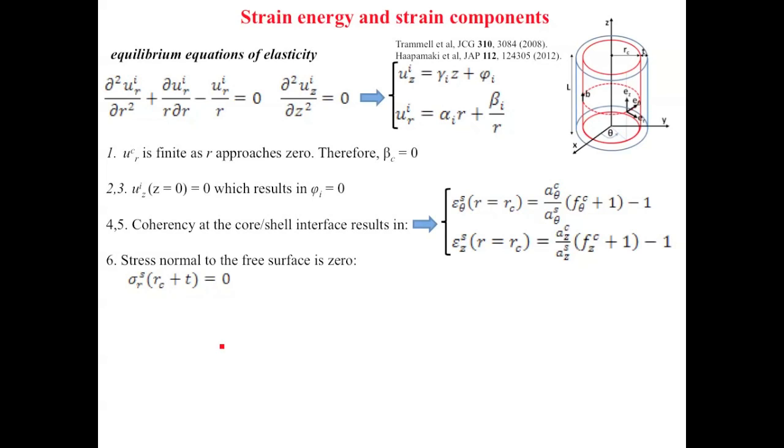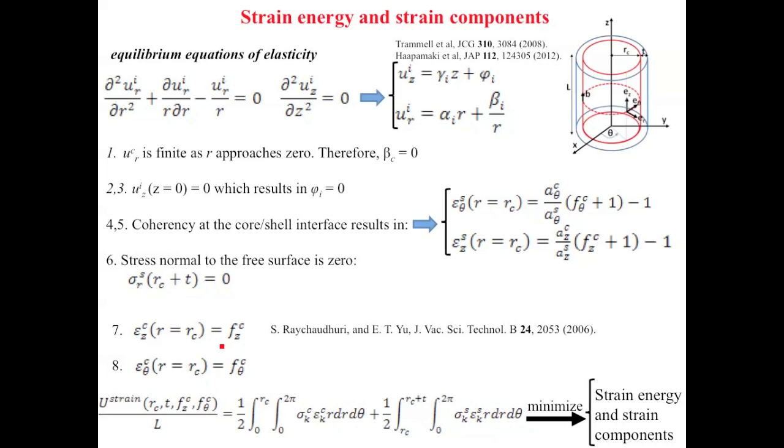This one is 0 due to the axial symmetry. Then the lattice constant has to be the same in axial and tangential directions right at the interface to maintain coherency. It gives us this constraint here. Then the stress normal to the free surface has to be 0, which gives us this boundary condition.